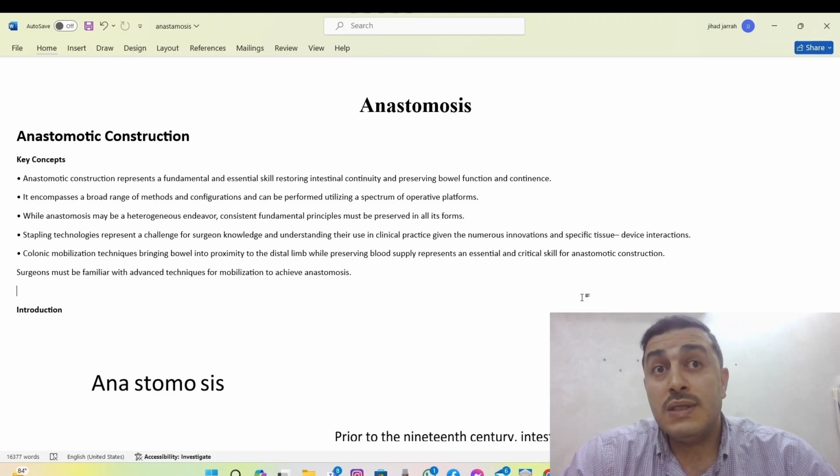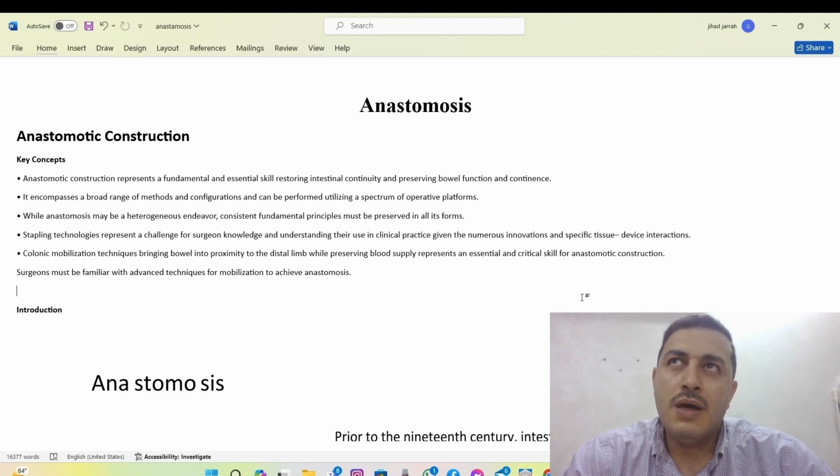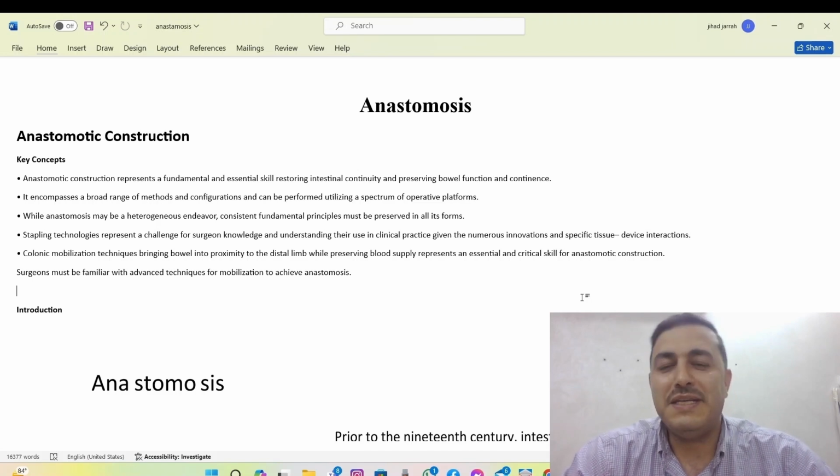We will talk about the configuration, how we can connect these structures, side to side, end to end, etc. We are going to talk about the methods we use to construct anastomosis: hand-sewn, staplers, etc. And finally, you will find the answer to what the difference is between a green staple 60 millimeter and a blue staple 80 millimeter.